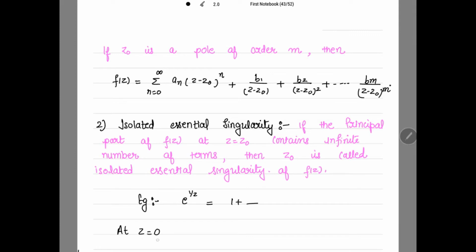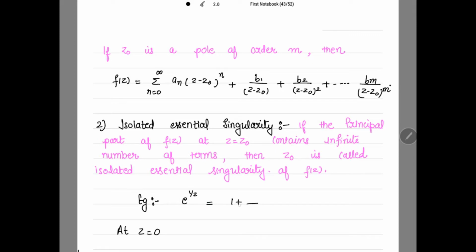Now to check whether this singularity is an isolated essential singularity or not, I need to check the number of terms in the principal part. Let's express e to the power 1 by z.